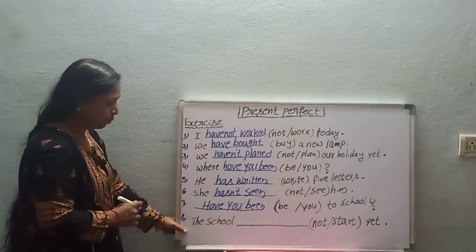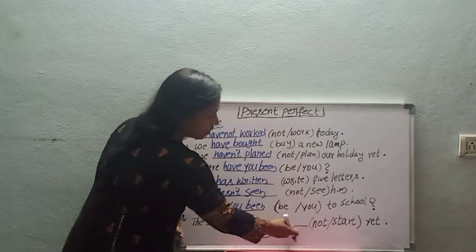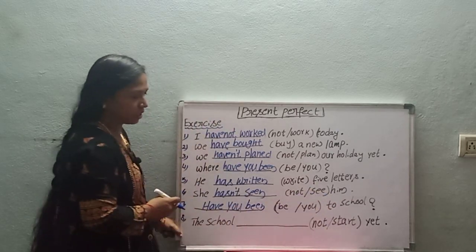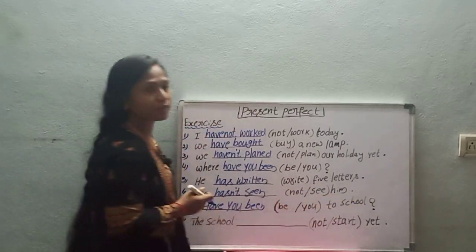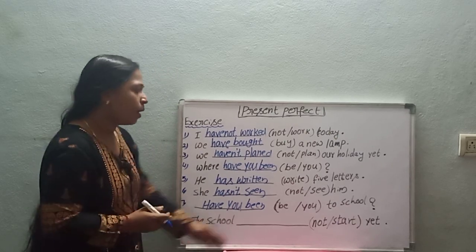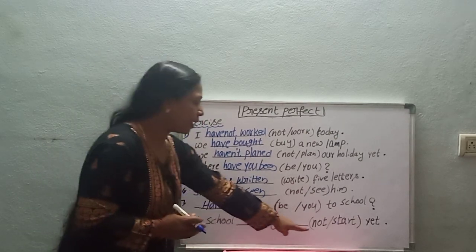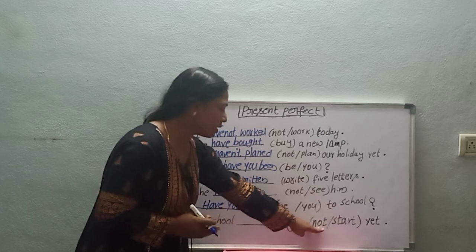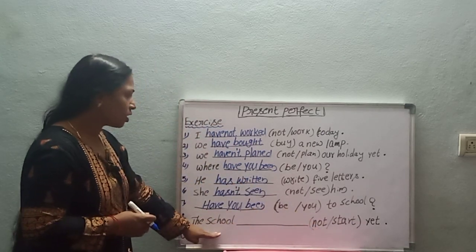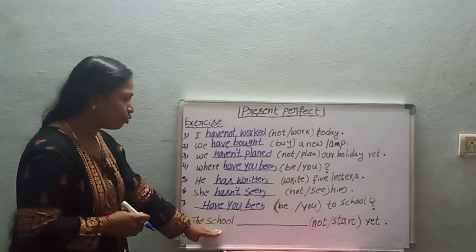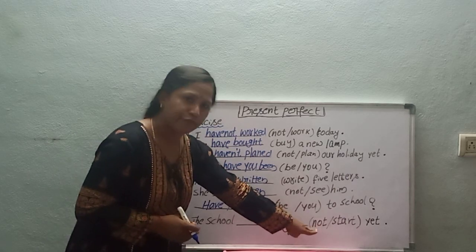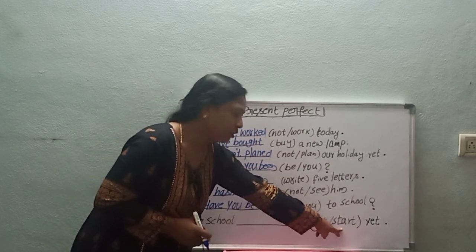Next, the last example. "The school dash not start at." There is a full stop at the end of the sentence, so this is a negative sentence because they have given "not" here. What is the structure of a negative sentence? Subject, has not or have not, and the third form of the verb.